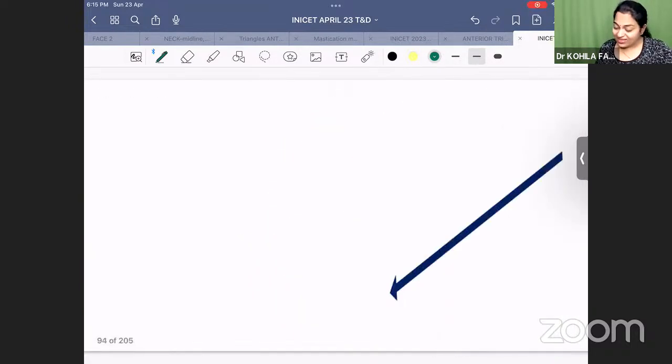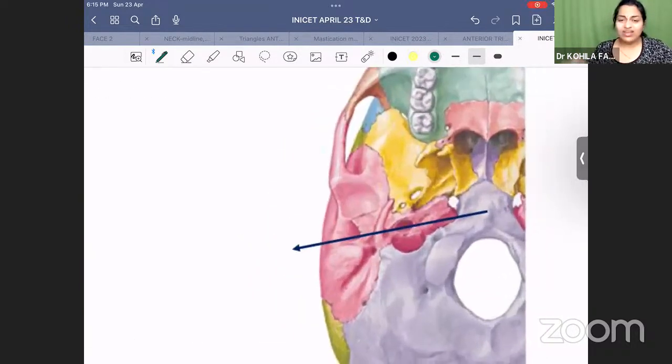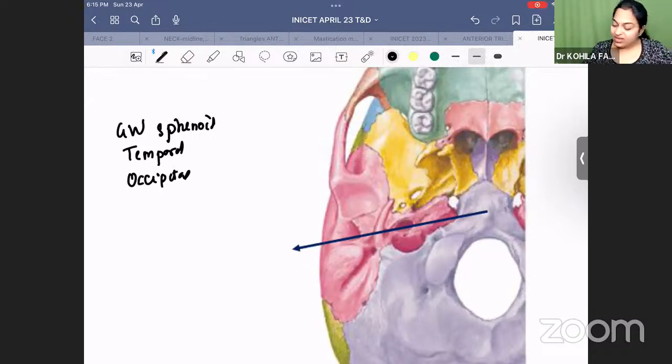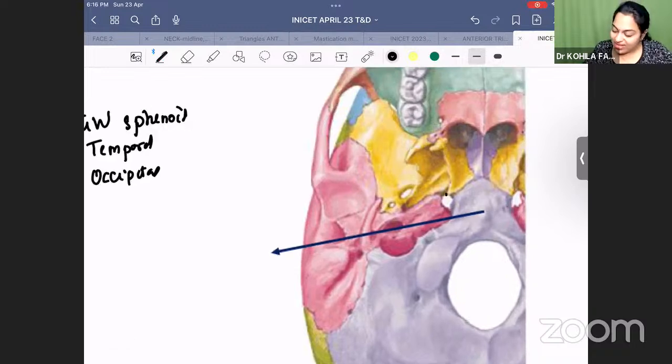And once they asked which foramen is located between three bones. The bones they were telling about were greater wing of sphenoid, temporal bone, and occipital bone. The foramen which is located between these three bones, yeah, the foramen lacerum. Can you see here this part? This is the foramen lacerum.